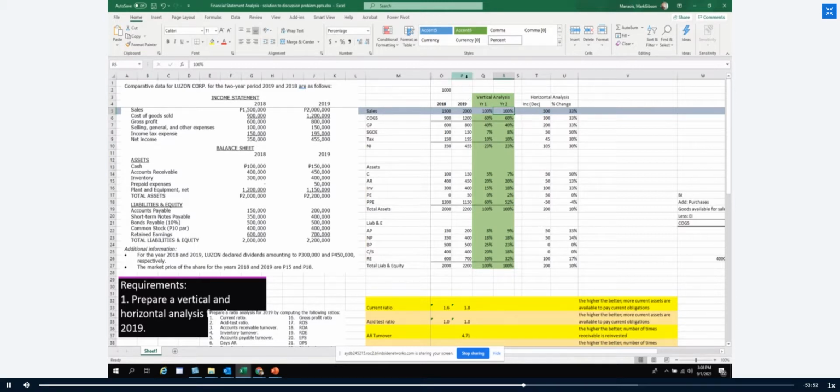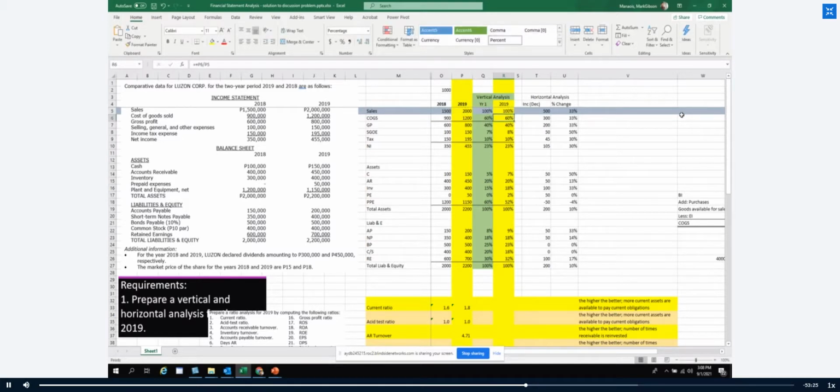Let me highlight this in yellow. So this is also in yellow. If we're doing a vertical analysis of 2019, your sales is equivalent to 100%, you can simply input 100% or 2 million divided by 2 million.